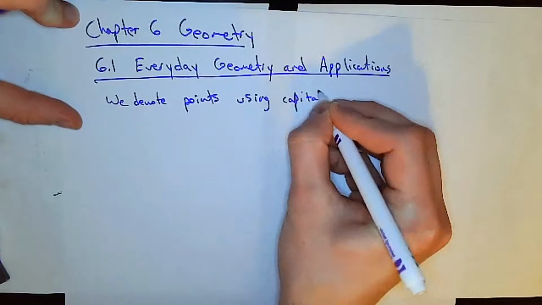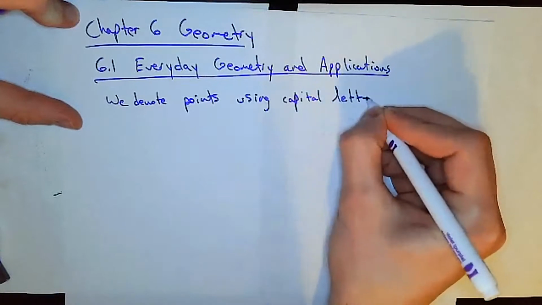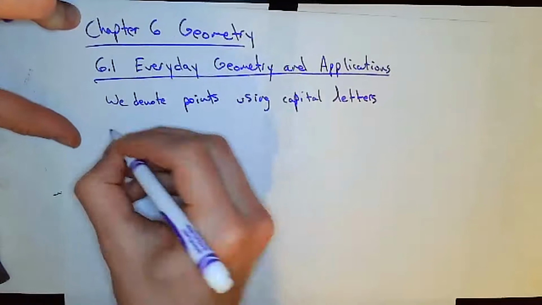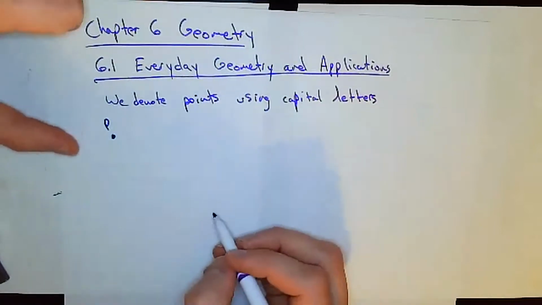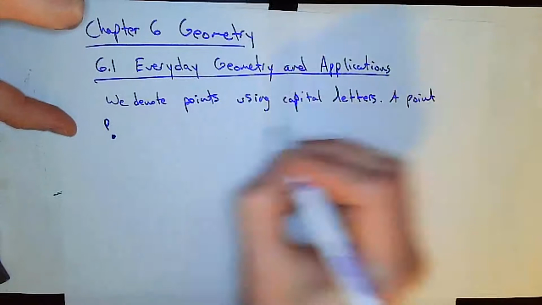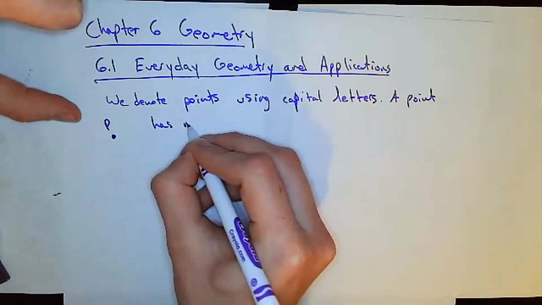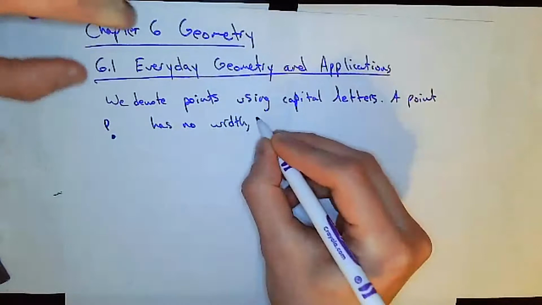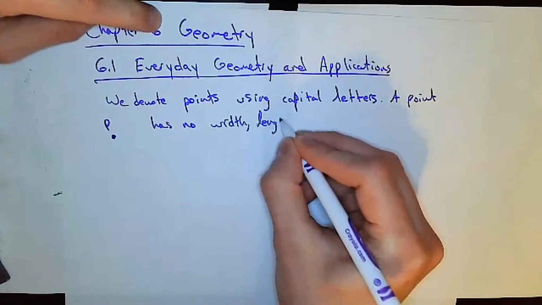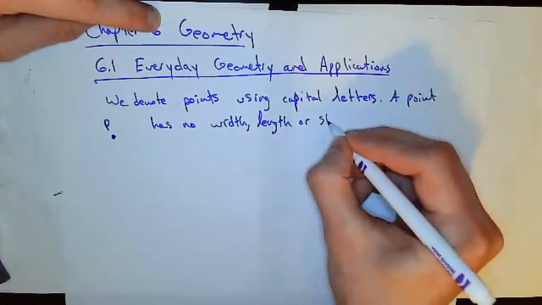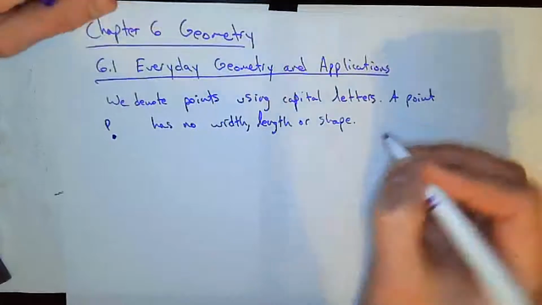Let me first tell you that so that when you see me write one down, you understand that. So we could say this point P, capital P, a point has no dimension to it, so no width, length, or height, or shape, no shape to it at all.